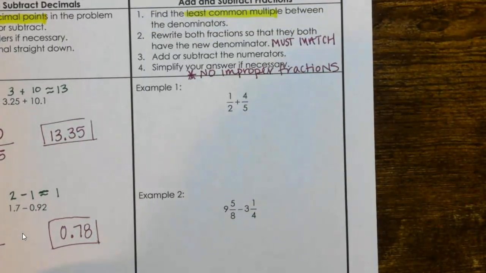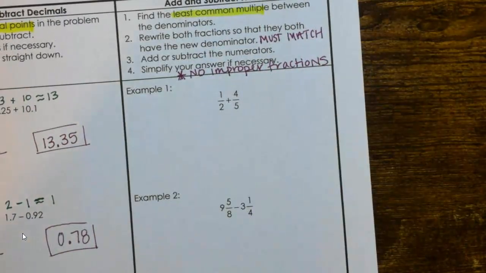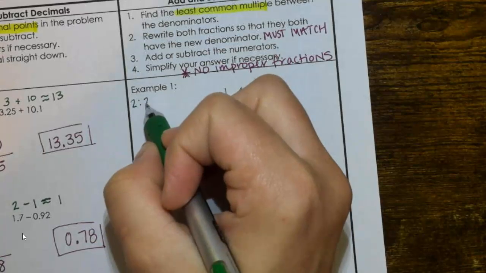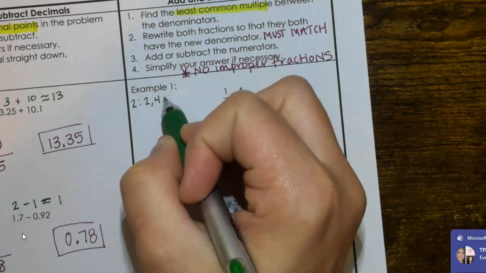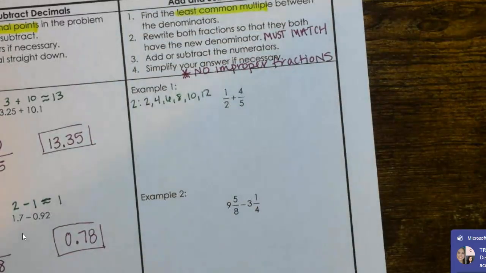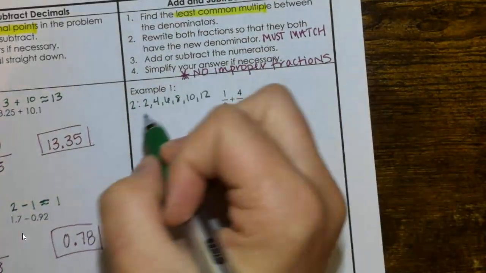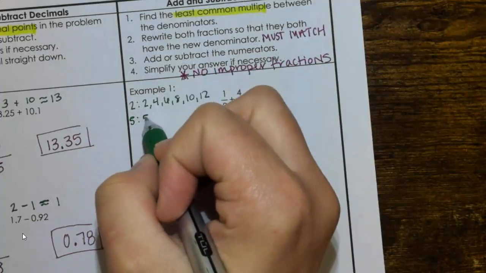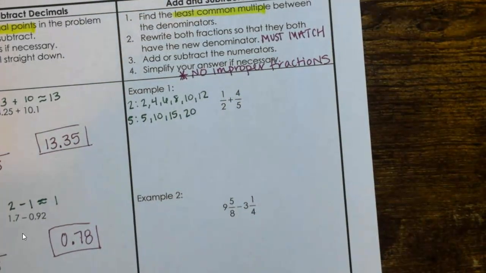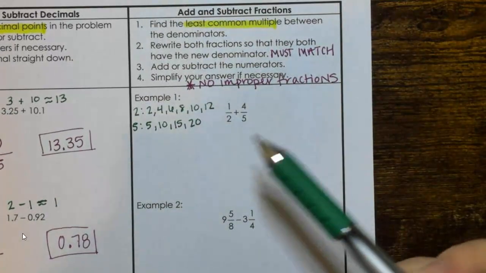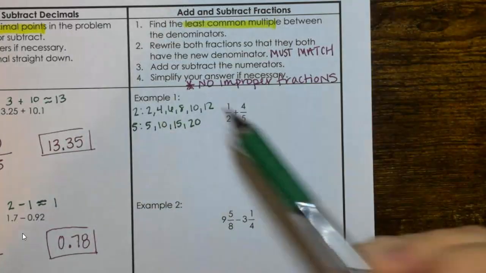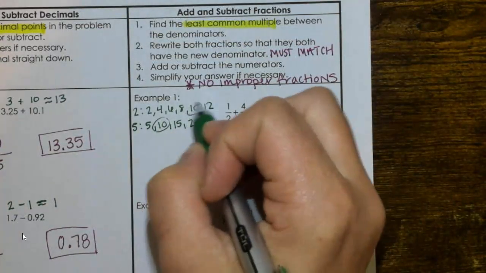If you don't know what that answer is, then we can write out our multiples. Our multiples of 2 are 2, 4, 6, 8, 10, 12, and I could keep going. My multiples of 5 are 5, 10, 15, 20. We want to find the least or the smallest number that's the same, and that number would be 10.